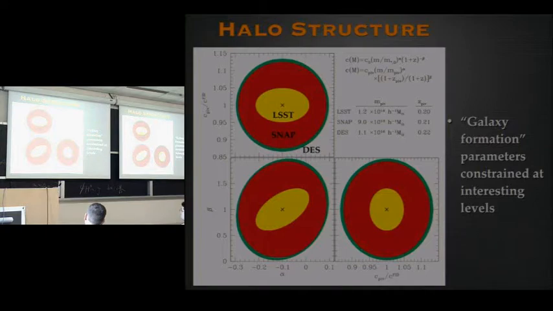So what this plot is showing, and I'll just focus on this panel here: on the x-axis, this is the power law index of the mass dependence of the C of M relation. This is the pivot concentration. So in other words, just like the pivot W, there is some concentration at some mass, which is about 10 to the 14 solar masses.